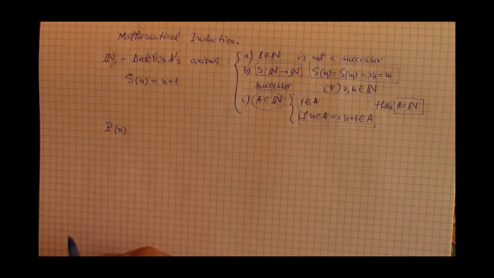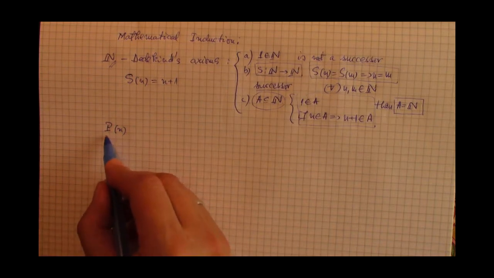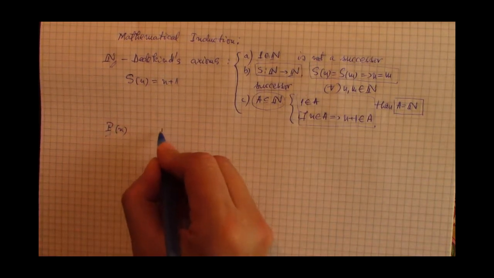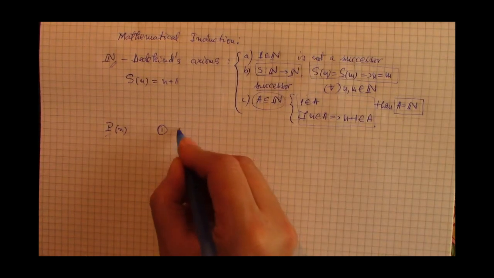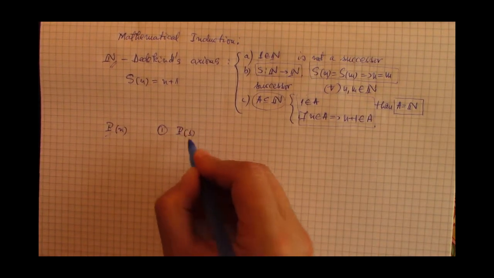Okay, now let's assume we can do two things with this sentence P. So the first thing is we can verify that P of 1 is true.